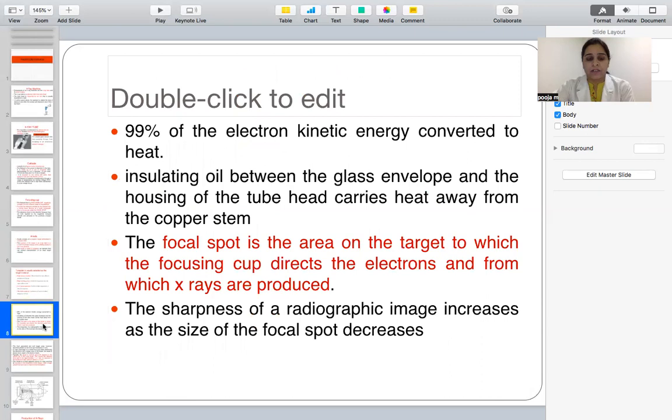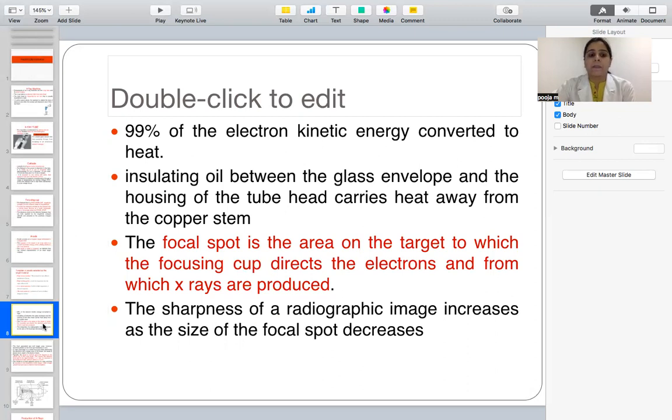Once electrons are produced, they hit the target on the anode in an area called the focal spot, and X-rays are produced. This focal spot plays an important role in the sharpness of the radiographic image.